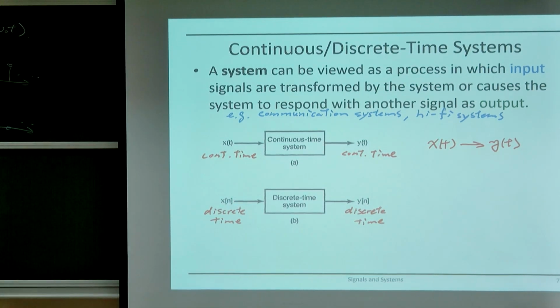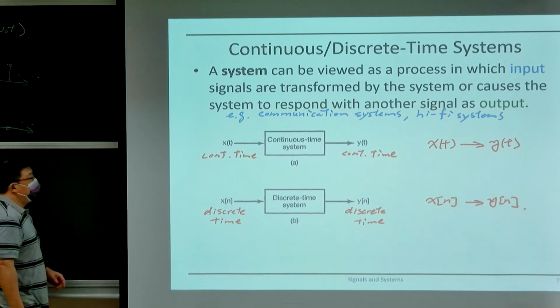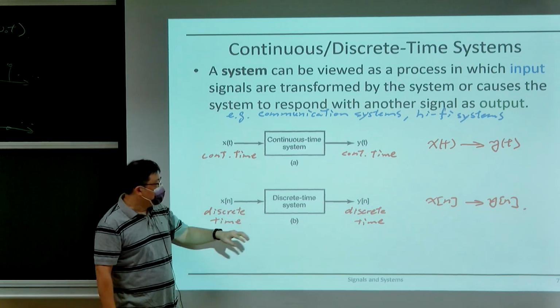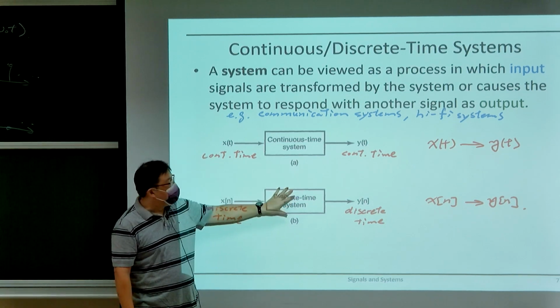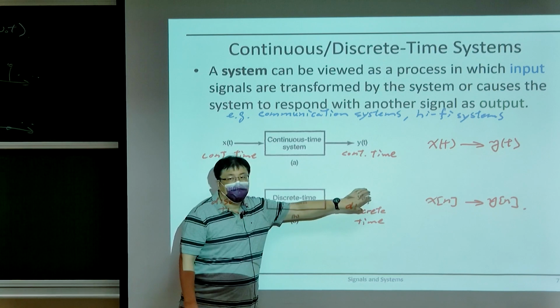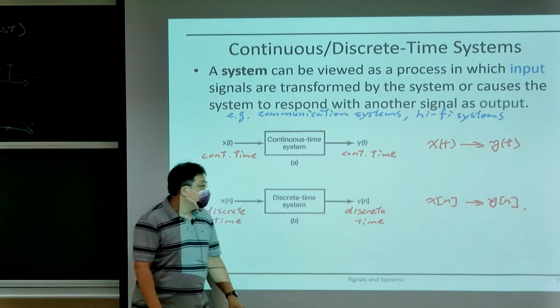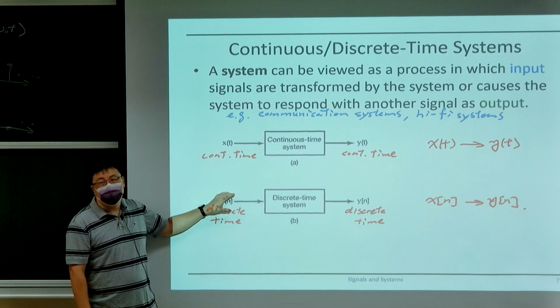And similarly for the discrete time case. So a system is a process that produces output signals in response to input signals.